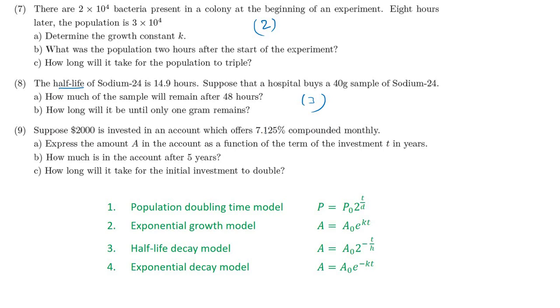Okay, here $2,000 is invested in an account. Compounded monthly, that means what will happen? 2,000 will become some amount. When you put it for 1 month, it is maybe 1 real or 2 real, it will increase. In the first month, for simplicity, I will take some 10 real. This 2,000 I have put, 10 real bank has given. In the second month, the same 2,000 is there, along with that 10 real is also there.